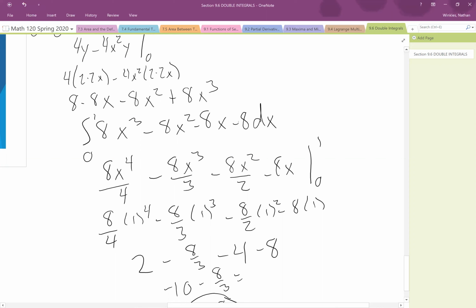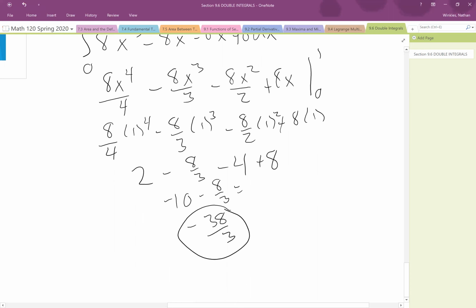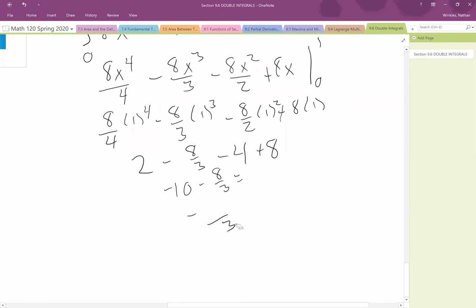Oh, I missed a sign right here. This should have been plus 8. So plus 8x plus 8 plus 8. So therefore, this should have been 10 minus 4, which is 6. So this would have been 18 minus 8 over 3, which is 10 over 3.